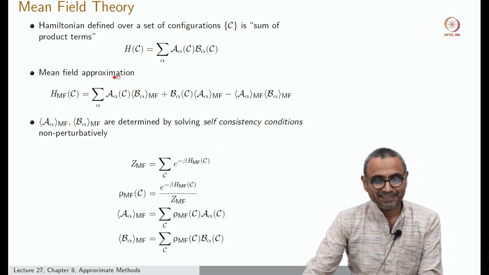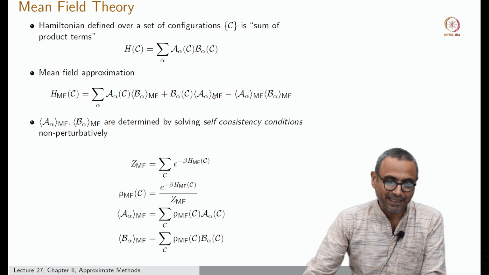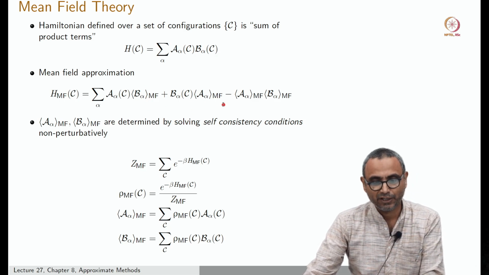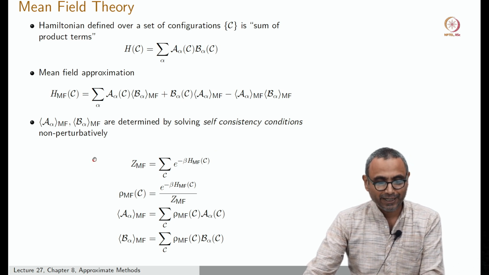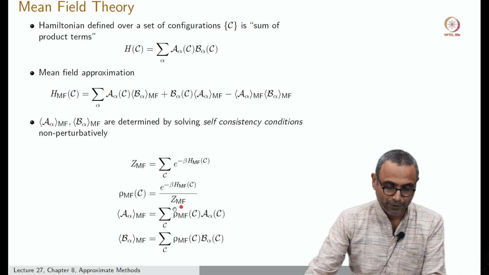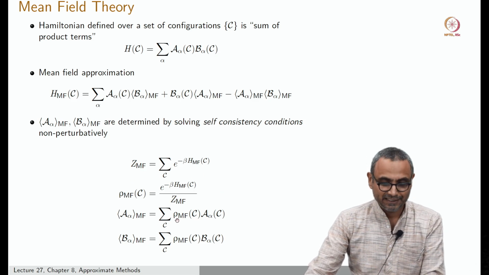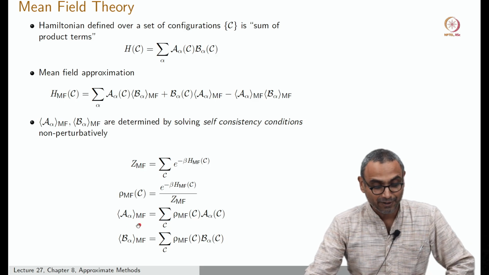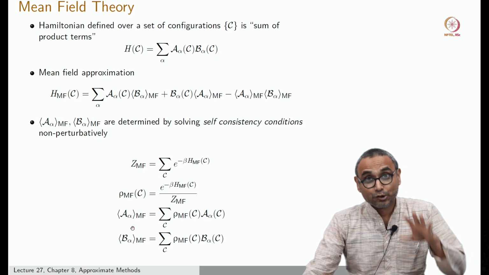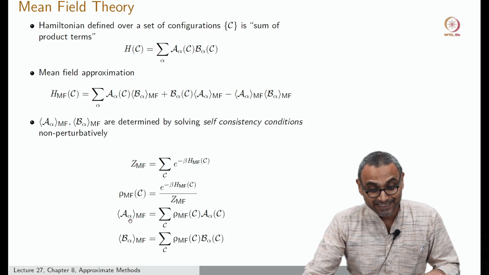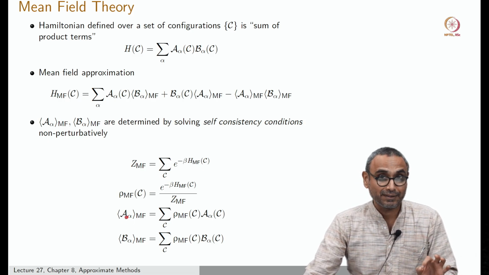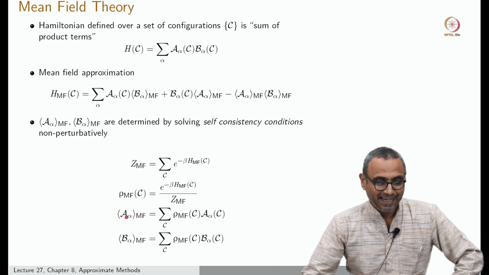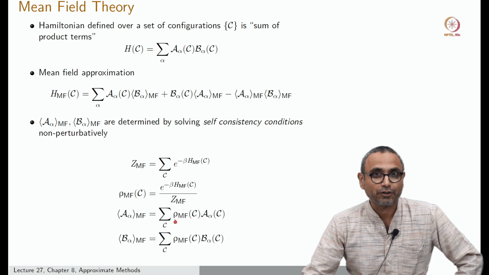What I mean by that is, suppose you assume that these values are there, mean field of B, mean field of A, suppose someone gave you those values, you can compute the partition function and the probability distribution, and from there you can extract back the expectation values. The important statement we are making is that what you put in should be what you get out. If you do not, you have to readjust the parameters and find the solution of those equations, and that will set up the mean field Hamiltonian for you.